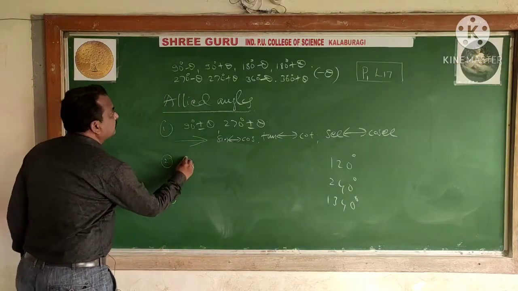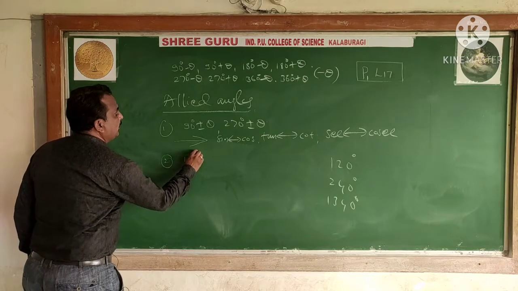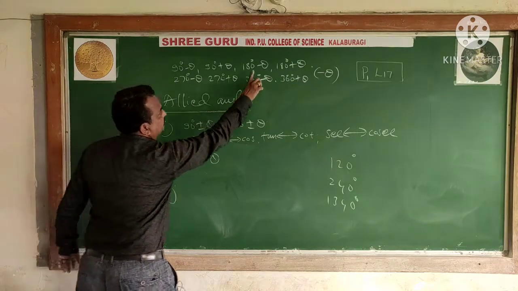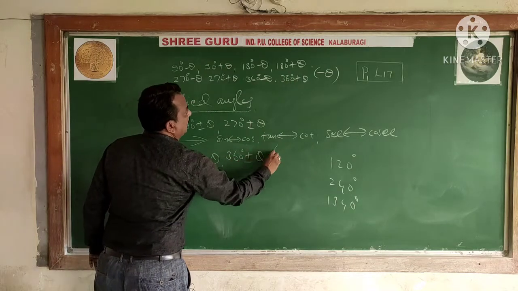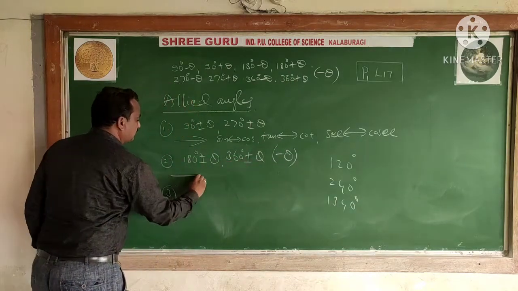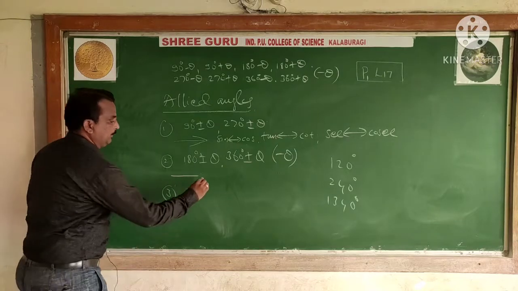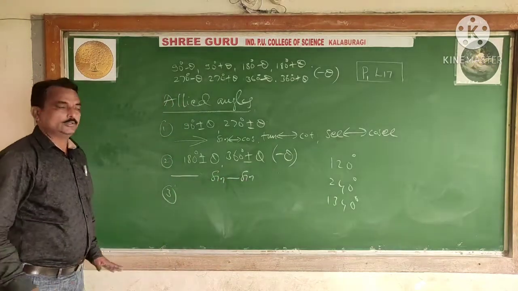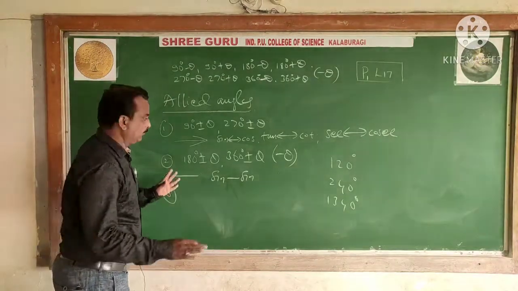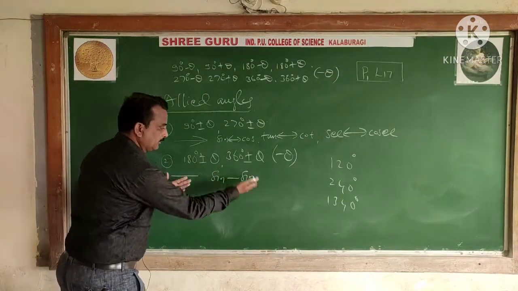And when the angles are 180 degree plus or minus theta, 360 degree plus or minus theta, and minus theta, in this case the trigonometric functions remain the same. If it is sine, the function does not change, and whatever you are converting, you write in terms of sine only.